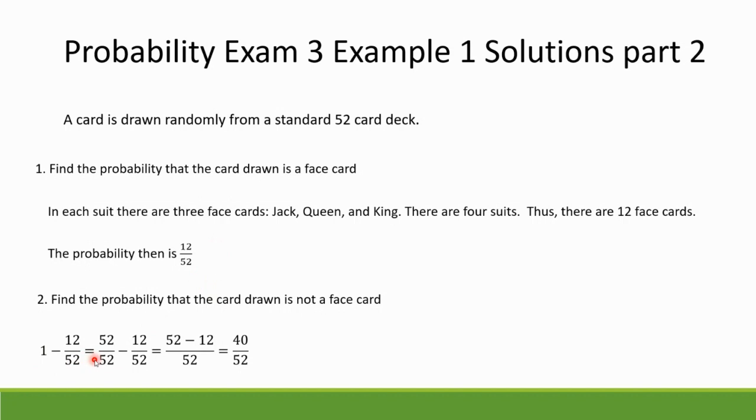An event and its complement add up to 1. So if you know one, you get the other by subtracting from 1. That's really what I'm trying to say here. So you have 1 minus this, which turns out to be, just by basic fractions, 40 out of 52.